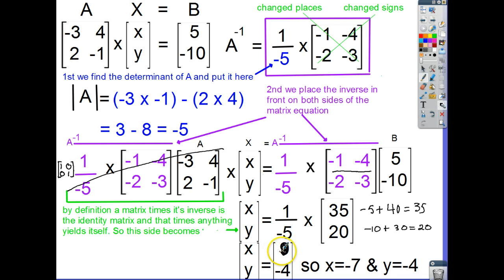Somehow I changed that earlier and it didn't take. So 35 over -5 is going to give us -7. And then when we take the -1/5 and multiply it by the 20, we'll get 20 over -5, which gives us -4. And so we have this equal matrix here. So x has got to equal -7 and y has to equal -4. And that's our solution.